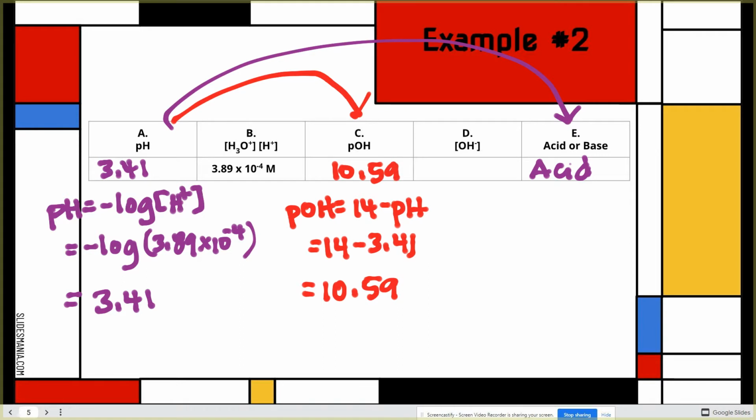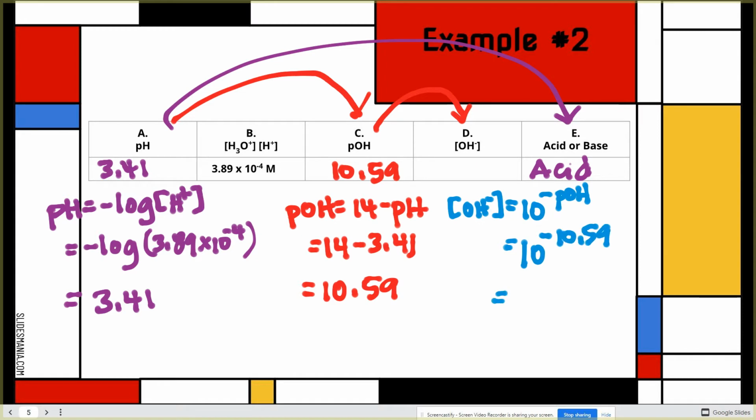And finally, guys, as soon as you got the pOH, you can now calculate for the concentration of OH. And again, how do you do that? The concentration of OH is equal to 10 to the negative pOH, and this is 10 to the minus 10.59.